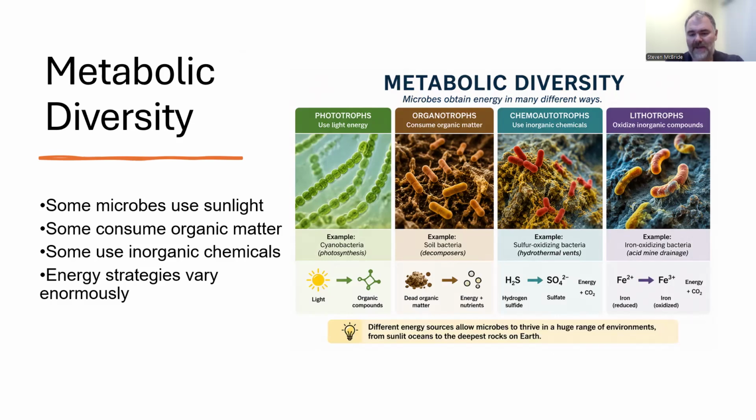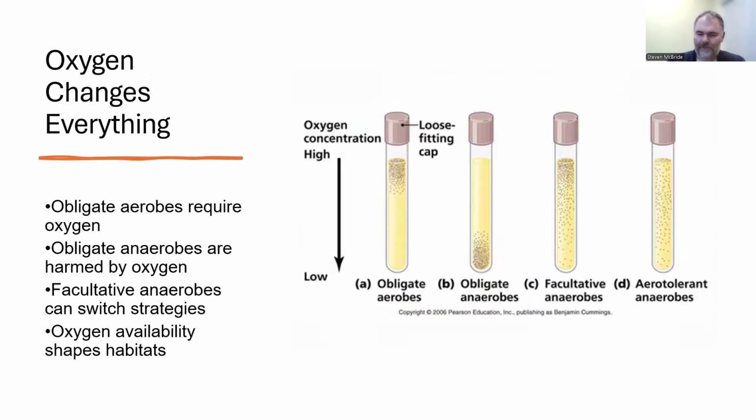These organisms may obtain energy from compounds containing sulfur, iron, nitrogen, or hydrogen. This means microbes can survive in environments where larger organisms could never live. For example, certain microbes near deep sea hydrothermal vents use chemical energy rather than sunlight to support their entire ecosystems. Microbial metabolism is one of the reasons microbes are so important in global nutrient cycling and ecosystem functioning.